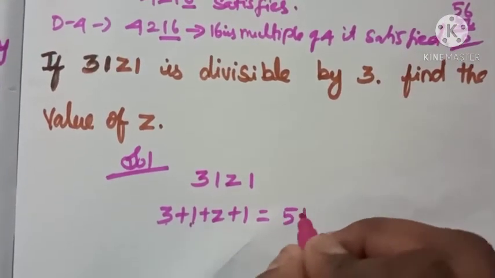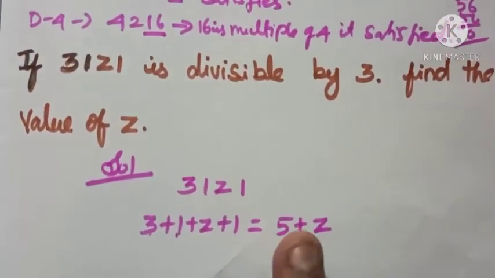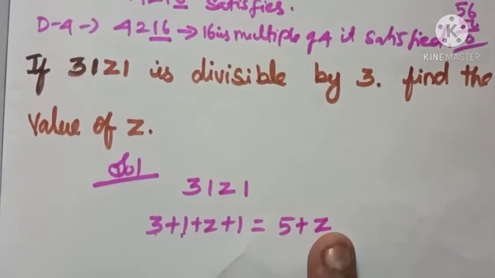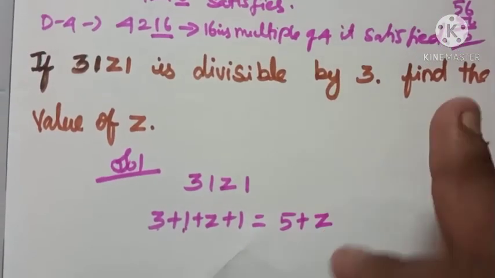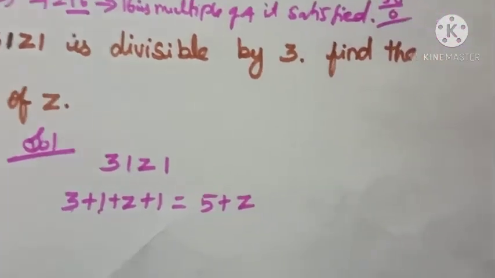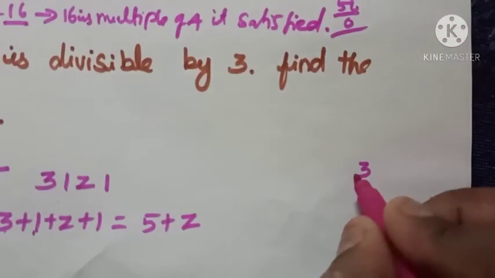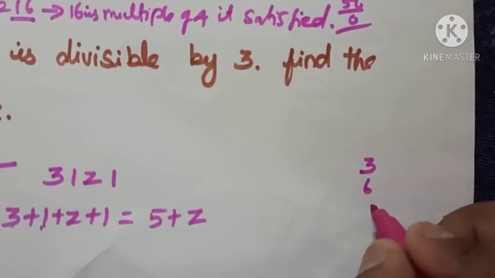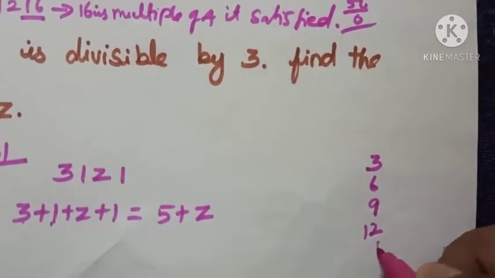So 5 plus Z. The sum of these two values should be divisible by 3. For example, 1 3 is 3, 2 3s are 6, 3 3s are 9, 4 3s are 12, and so on.